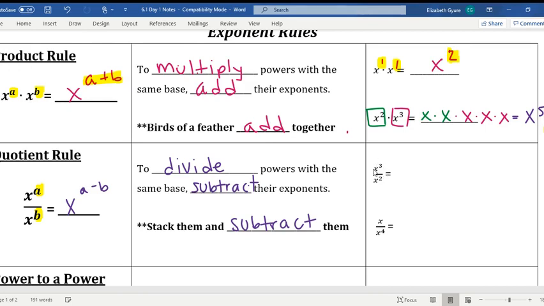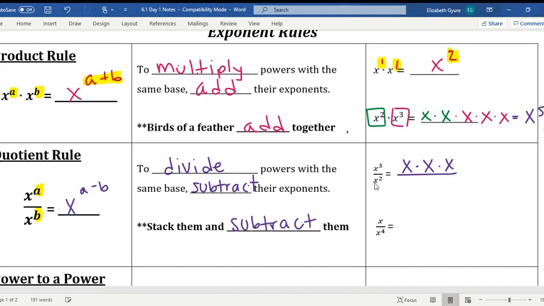If you take a look at the top of your fraction, I have x to the third. So that means I have how many x's on top? Anybody? If I have x to the third, how many x's do I have? 3, exactly. So on the top of my fraction, I technically have 1, 2, 3 x's, right?